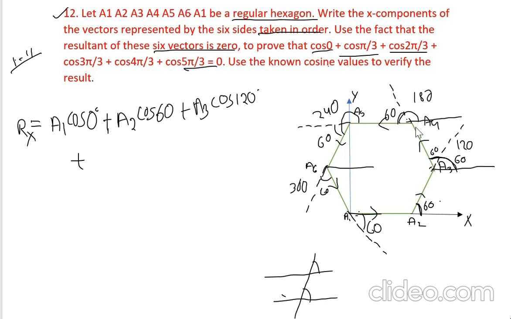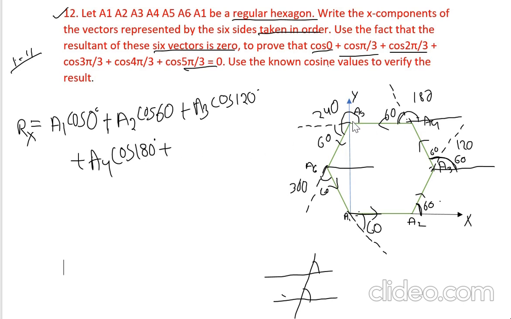Similarly, here is our A4 vector, this one, which is in the totally opposite direction of the x-axis, so it makes an angle 180 degree with the x-axis, so I write A4 cos 180 degree.